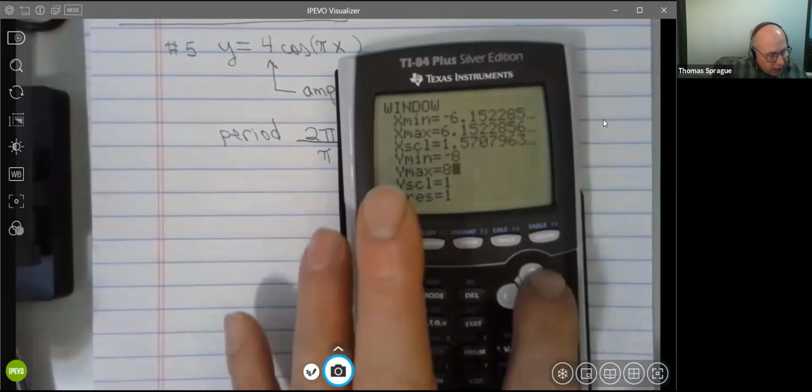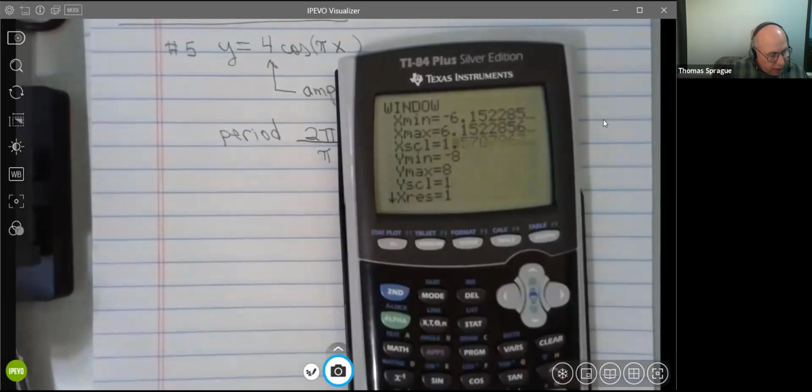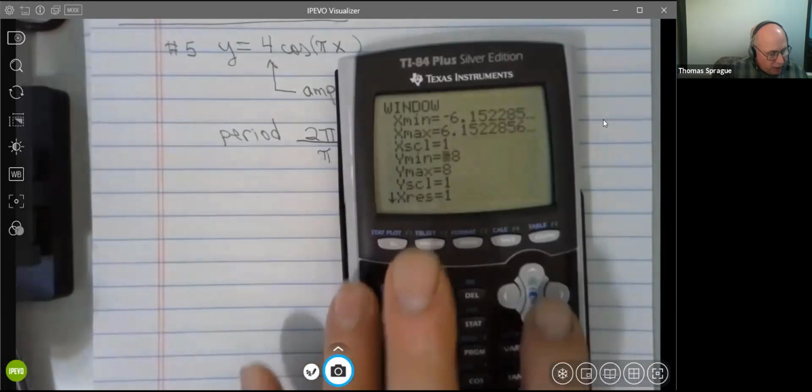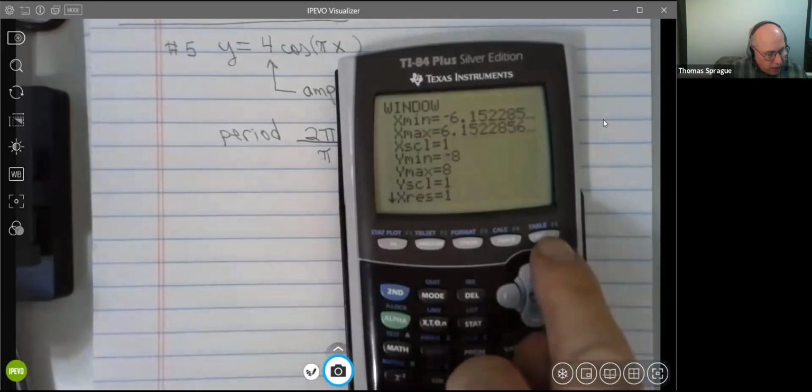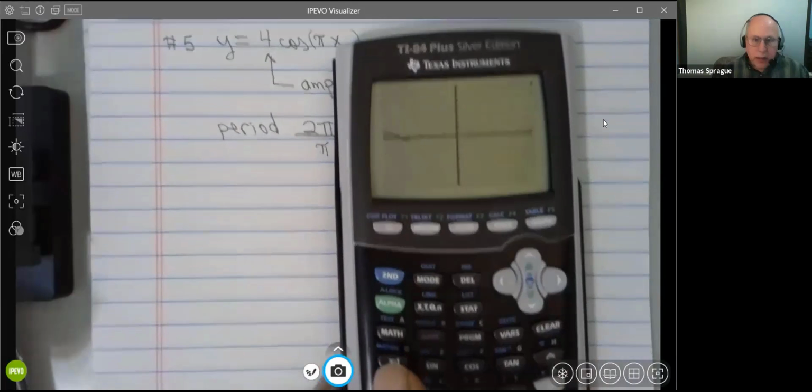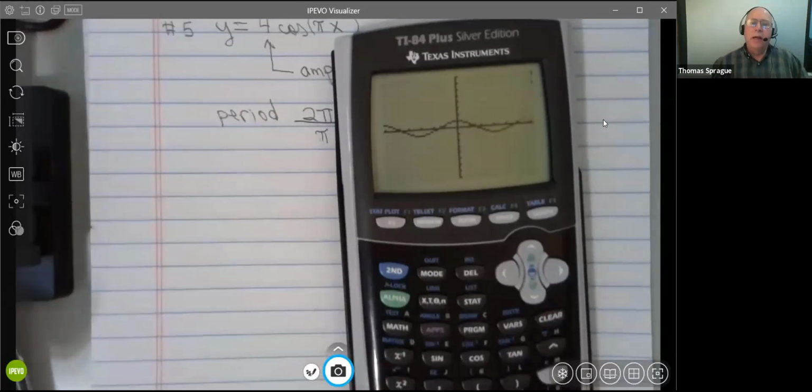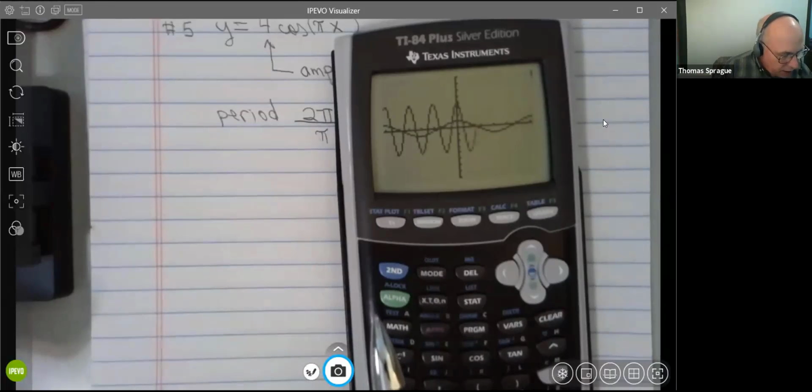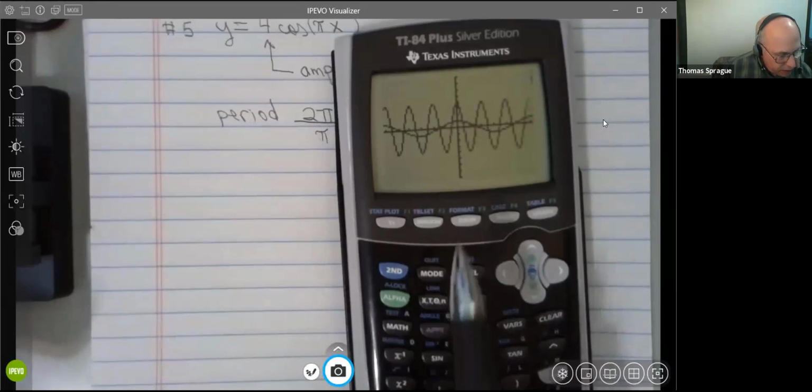And then my x scale, I'm going to put a tick mark at every 1 unit instead of every pi over 2 units. So that squashes down the standard cosine, but it should make it easier to see the period of this guy.